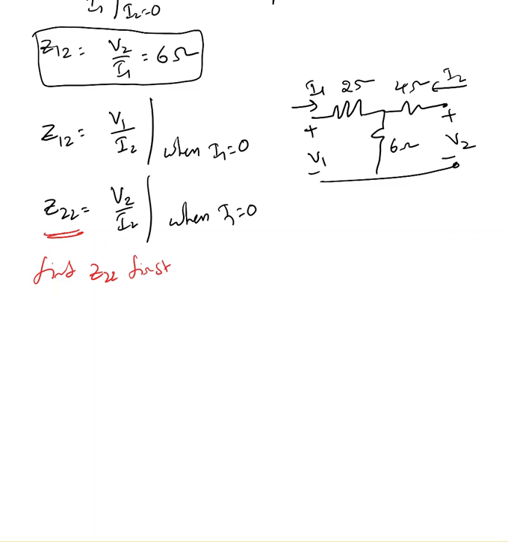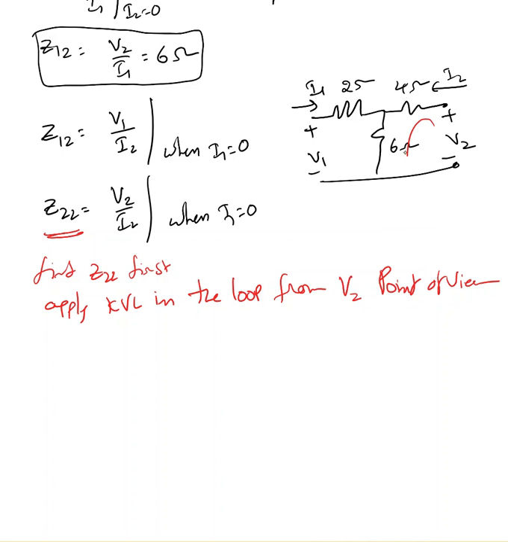It's easy to find Z22, so that's the reason I am recommending you to find Z22 first. Apply KVL in the loop from the V2 point of view. So I'm going to apply KVL here. I'm assuming this is I2.